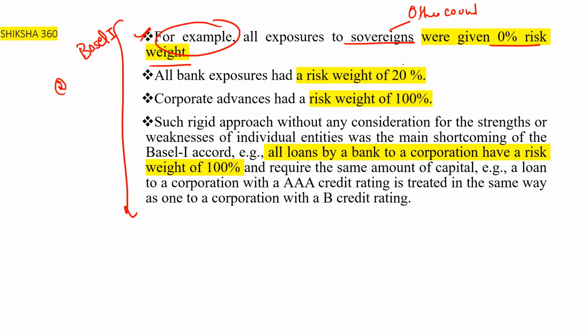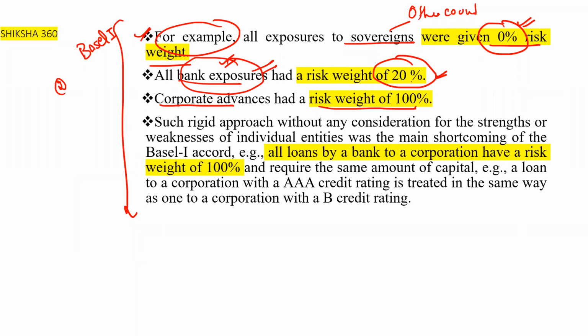In the examination they will ask how much risk weightage applies to all exposure to sovereigns: 0 risk weightage. All bank exposures had a risk weight of 20%. And corporate advances had a risk weight of 100%.